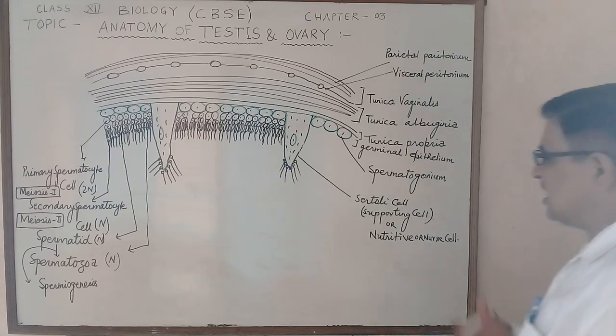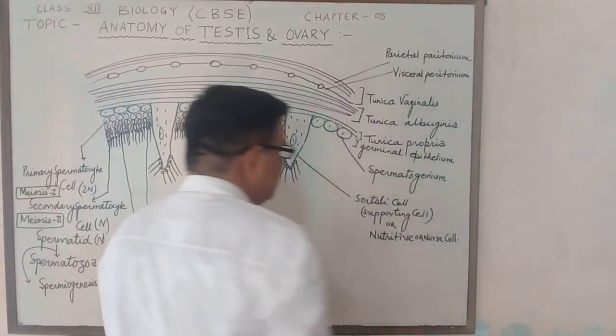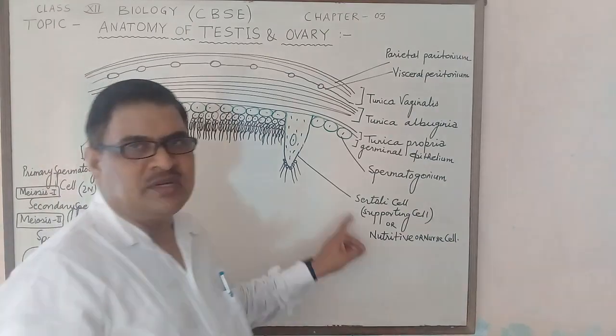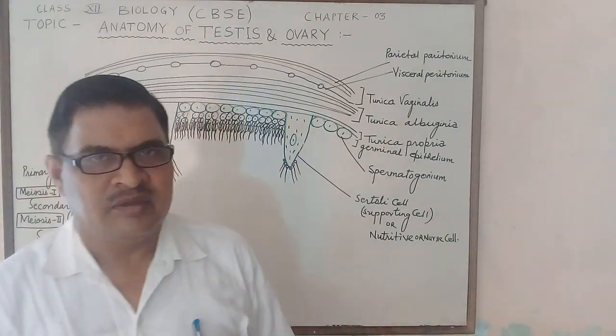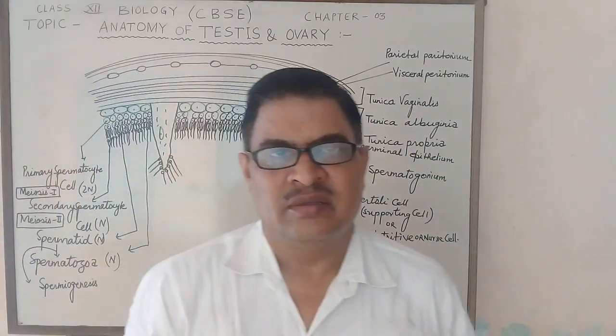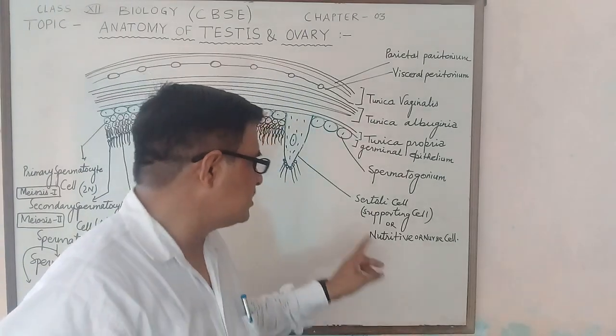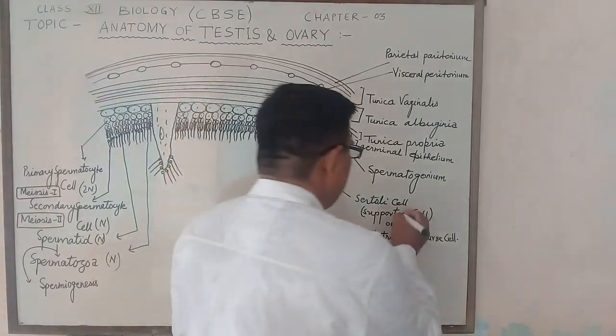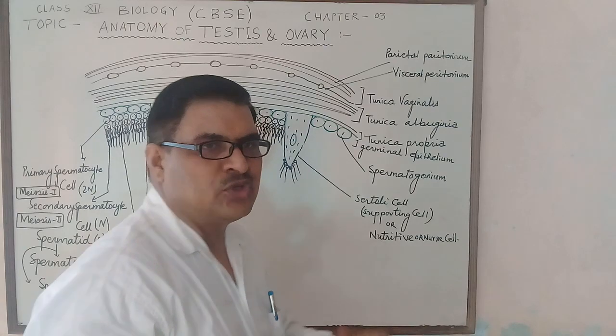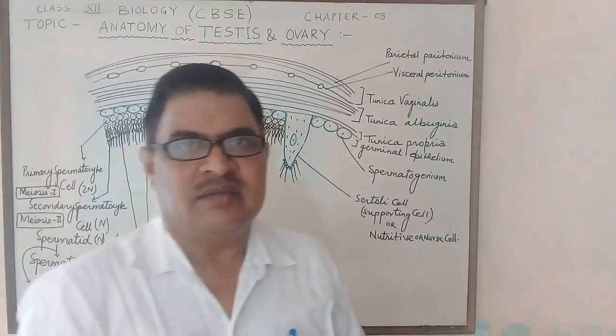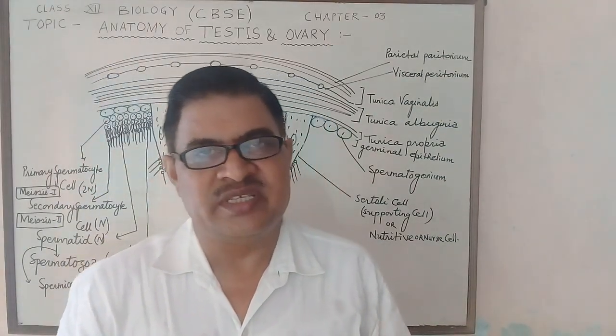Sometimes the Sertoli cell name is given after the name of the discoverer, but before this the cell was called the supporting cell. When the supporting cell swells up, it is called the Sertoli cell.